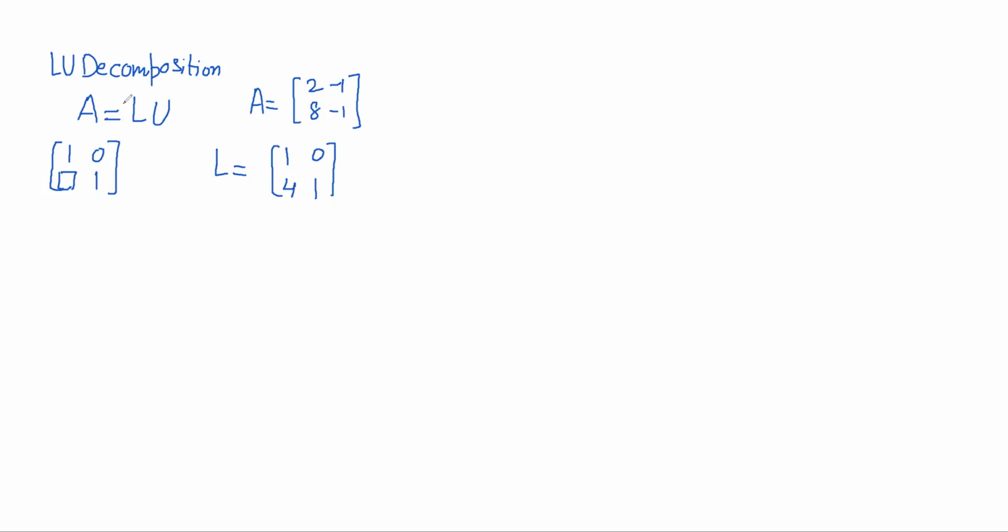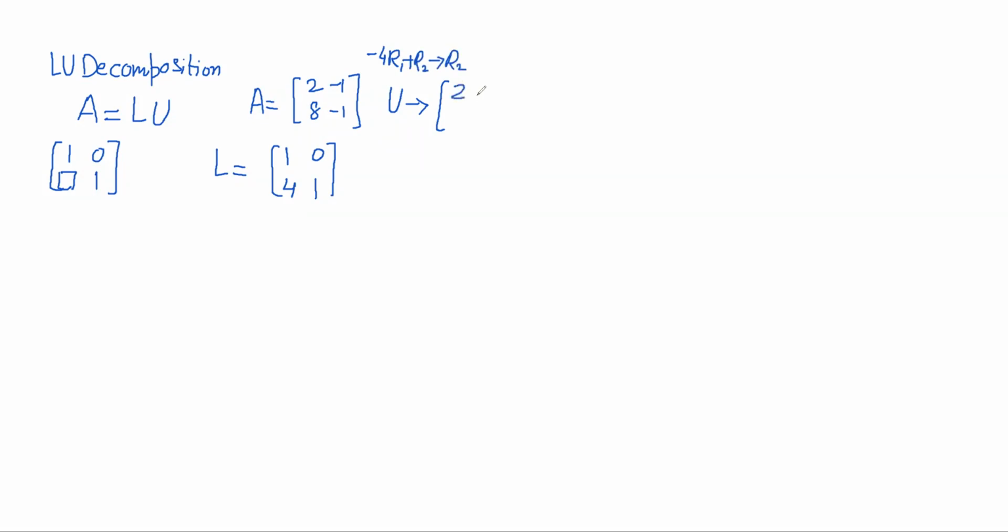But how will we get U? We get U by the row operations applied on this matrix. For the row operations, we will try to make it into echelon form. If we want to make this 8 as 0, we will multiply the first row by -4 and then add it to the second row, and we will get the second row.